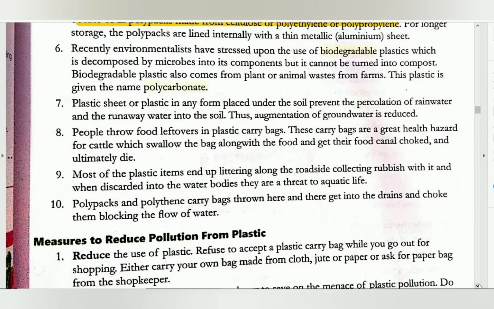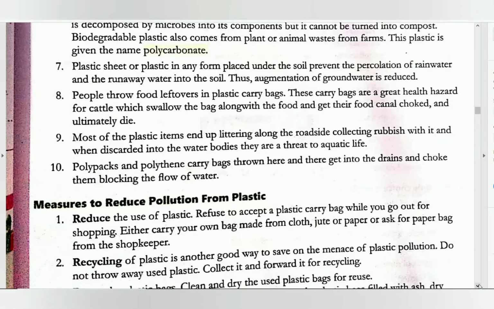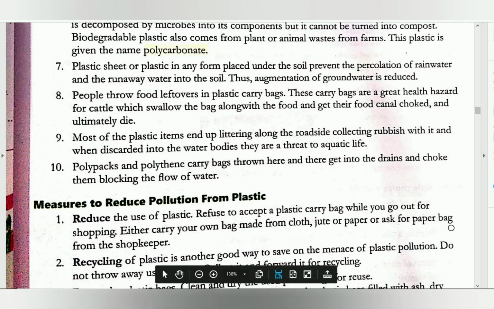Next, most of the people throw plastics at the side of the roads, due to which it is also a threat for aquatic life. And if they get into the drains, drains get blocked.